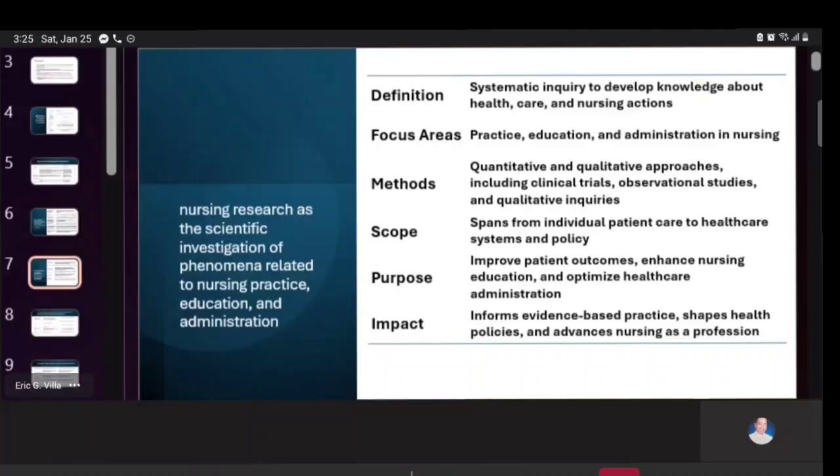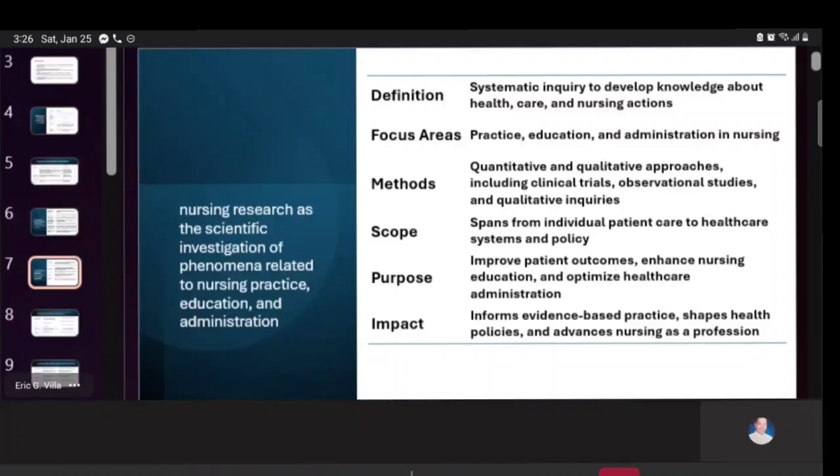For nursing education, research examines how nurses could learn or develop their skills, informing curriculum development, program modifications, and teaching methodologies. This might include studies on the effectiveness of simulation-based learning, like what we are doing, or investigation of strategies to enhance critical thinking skills among nursing students.